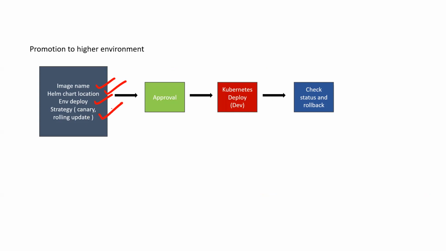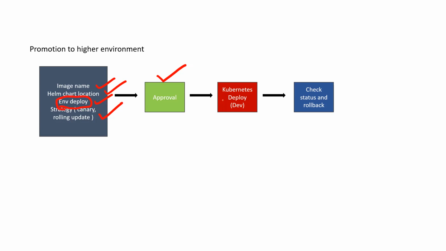When we provide these, it runs a pipeline with stages like approval. This has to be approved by your senior manager, a test lead, or a lead. If they approve it, it used to connect to the respective Kubernetes cluster, whatever you have selected in this particular option.